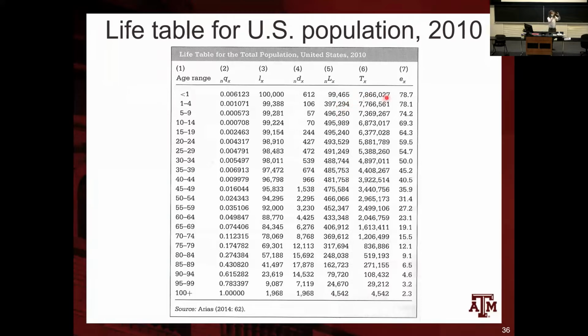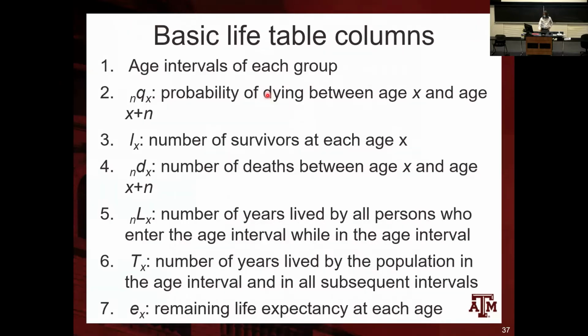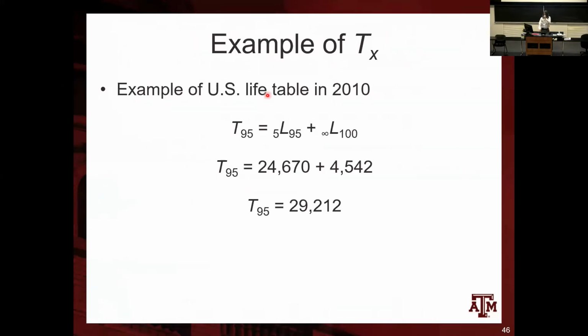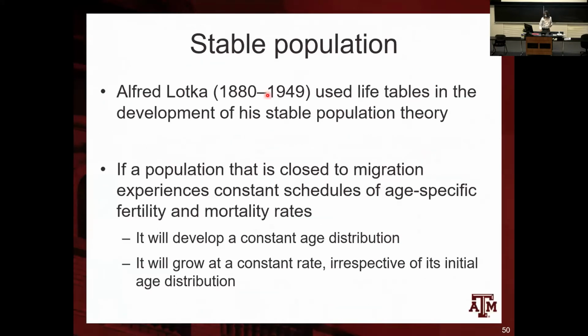We have the proportional distribution of this population using this stable population theory, with the assumption that age-specific mortality rates and age-specific mortality probabilities don't change much over time, and the overall fertility, okay? So that's pretty much what the stable population theory is telling us.